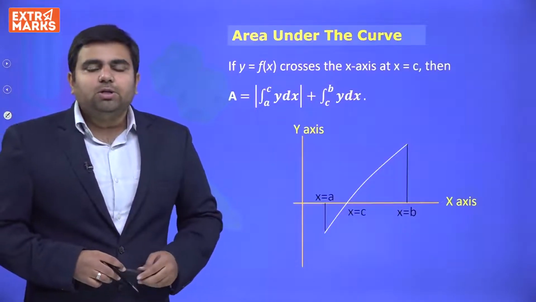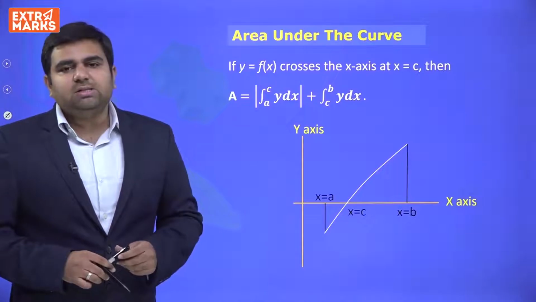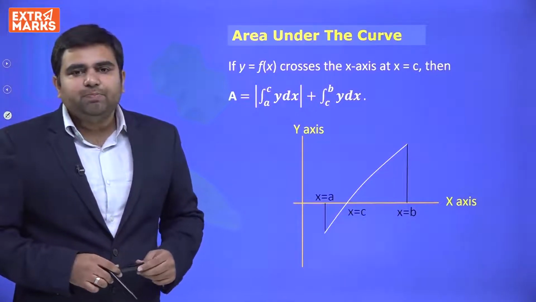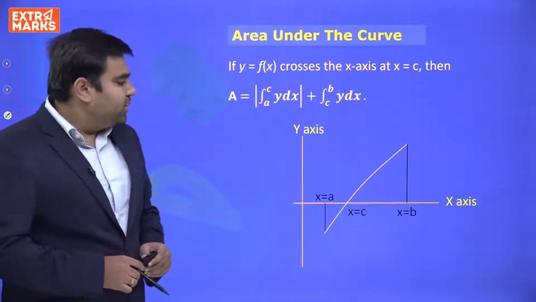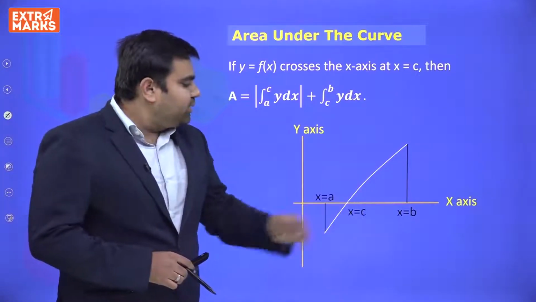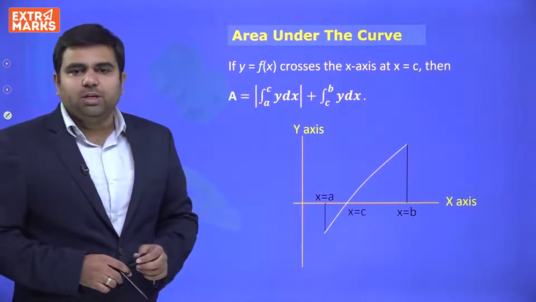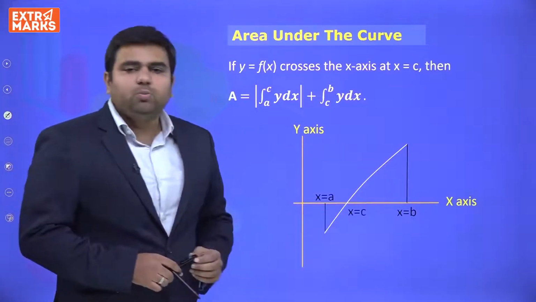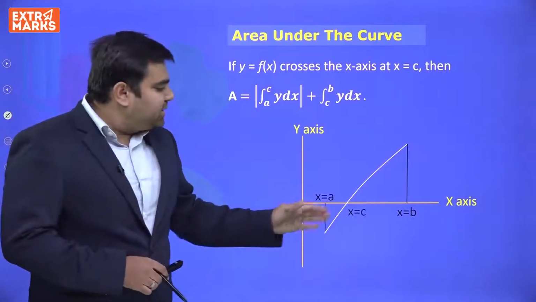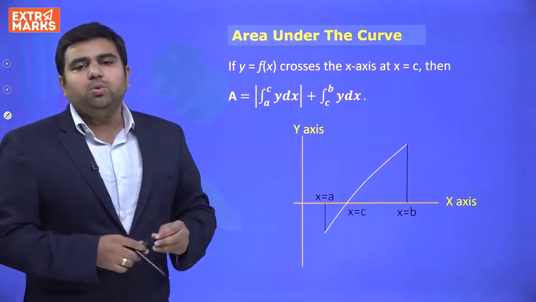Next, y equal to f of x crosses the x-axis at x equal to c. From the figure itself, it is quite clear that the curve begins at x equal to a and terminates at x equal to b, but it crosses the x-axis at x equal to c. So what would be the area?